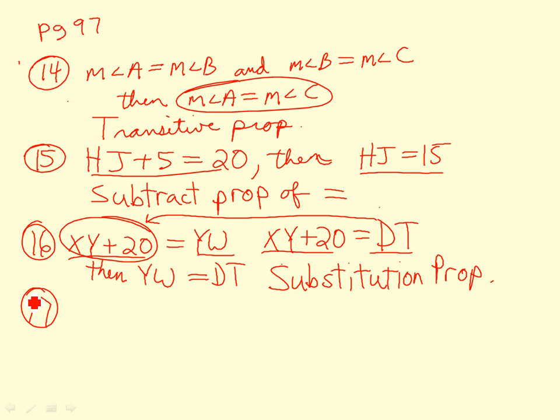Number 17. Measure of angle 1 plus angle 2 equals 90. And the measure of angle 2, sorry, I should have put measure on each of those. Measure of angle 2 equals the measure of angle 3.